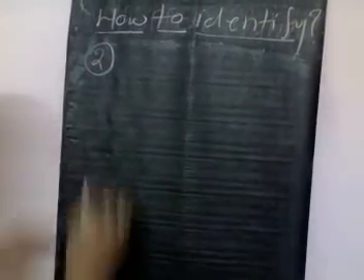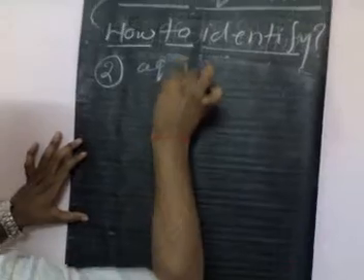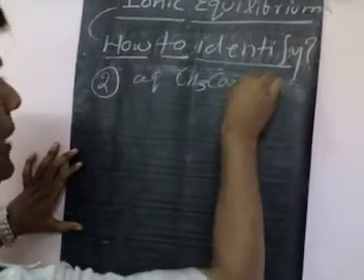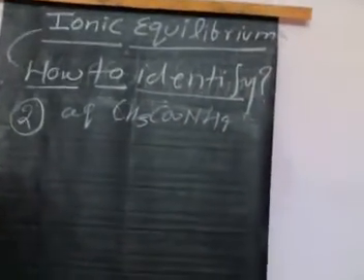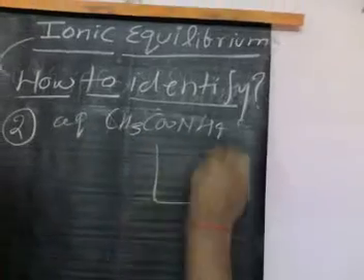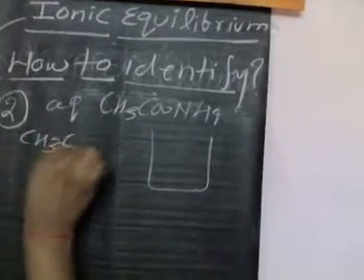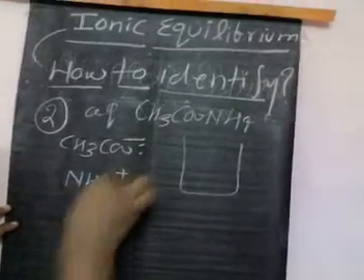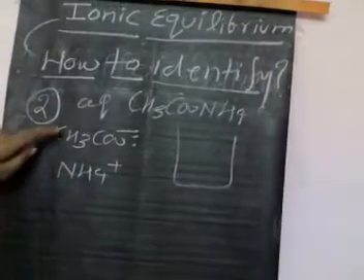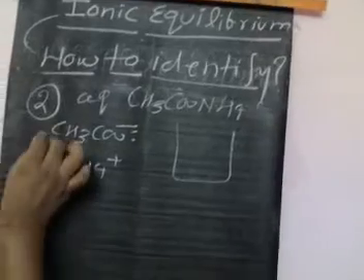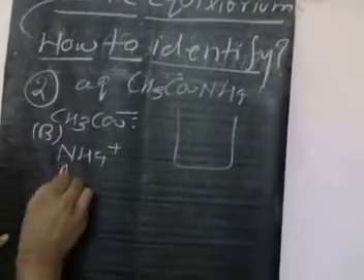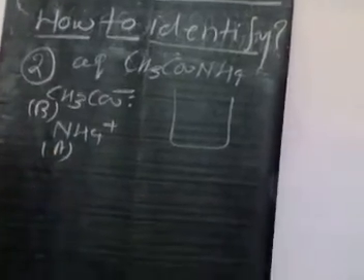Now we'll take another example: aqueous solution of CH3COONH4. First point, we have to identify how many components are in the solution. You can see CH3COO minus is one component, NH4 plus is another. Out of these two, CH3COO minus can behave as a base, while NH4 plus can behave as an acid.